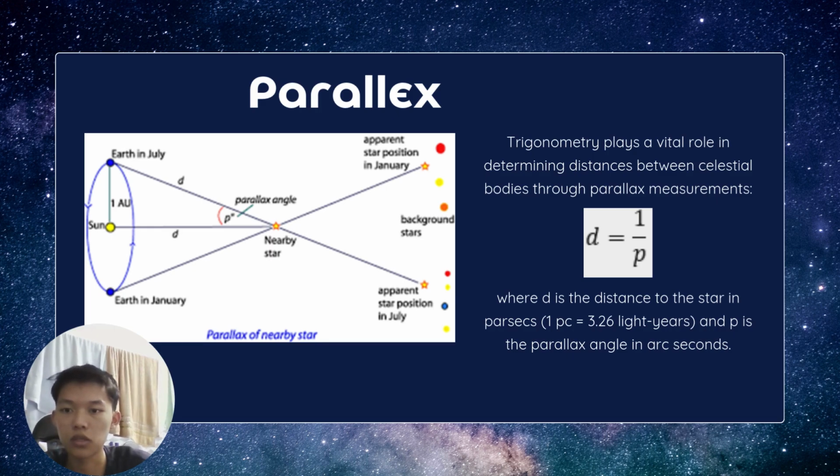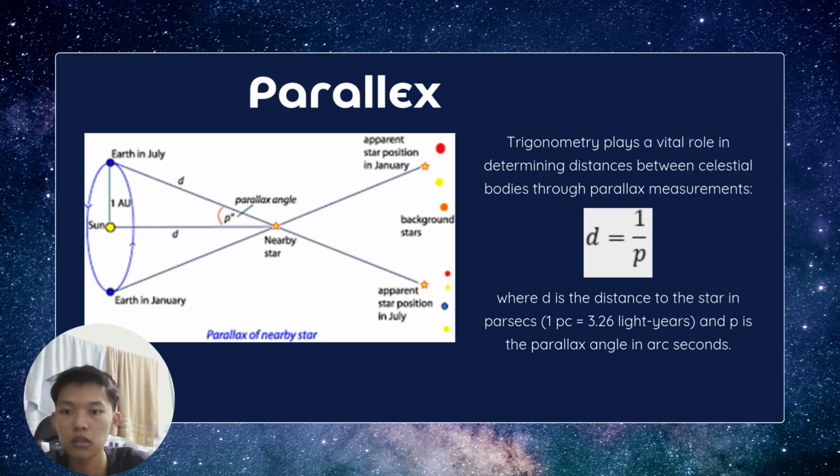The distance to the star d in parsecs is calculated using the formula d is equal to 1 over p, where p is the parallax angle in arcseconds. Since one parsec equals 3.26 light years, a star with a parallax angle of 1 arcsecond is exactly one parsec away.